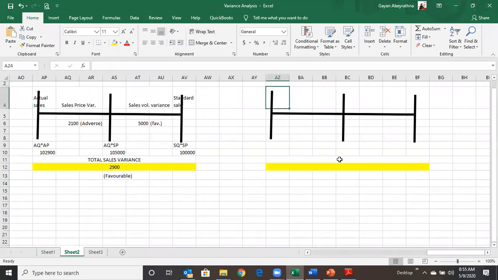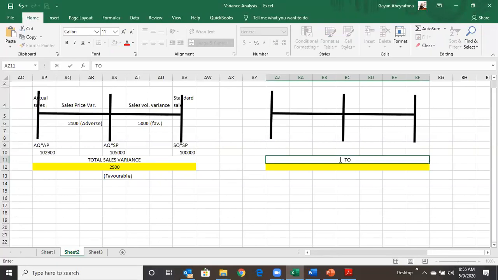Then here we are going to calculate the total sales margin variance.